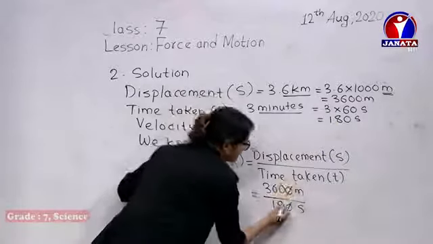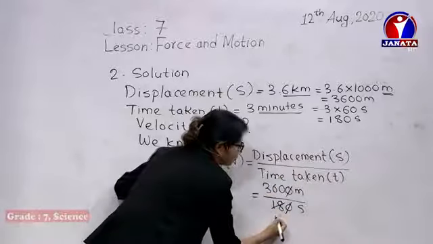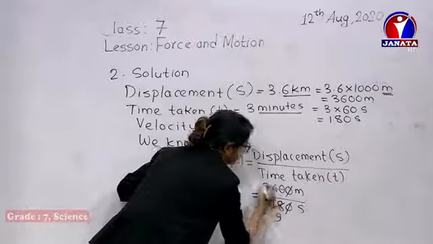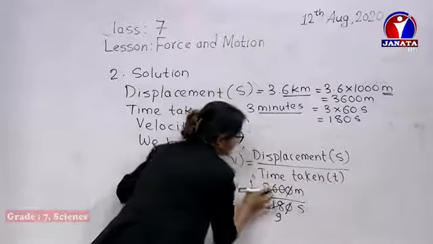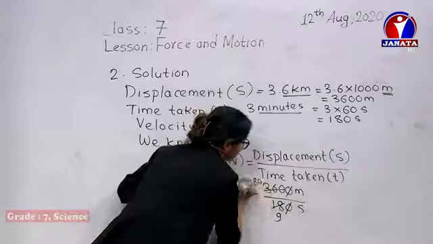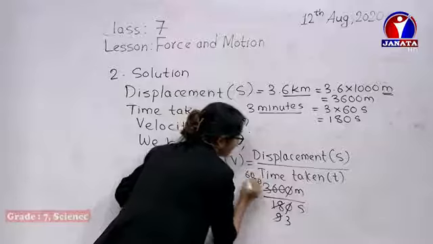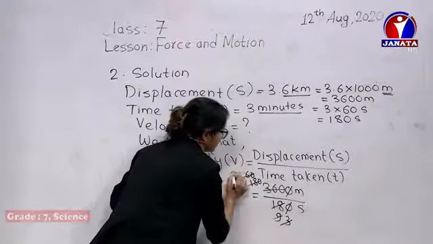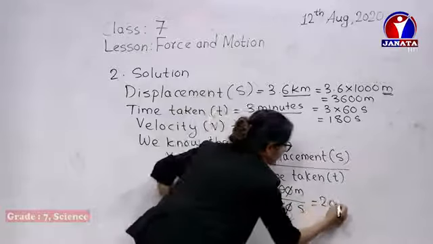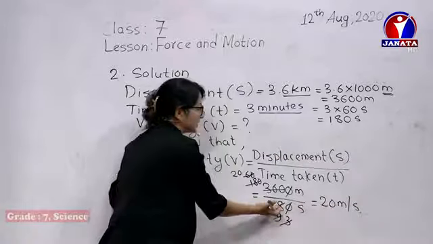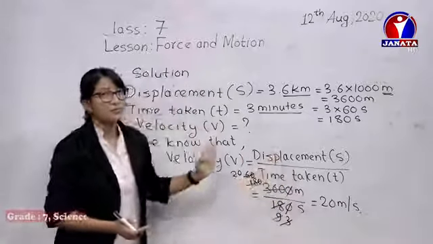0 and 0 cancel. Here we can cut it from the smaller one as well. 2 9s are 18, 2 1s are 2, 2 8s are 16, 0, then 3 3s are 9, 3 6s are 18, 0, and again 3 and 3 cancel, 3 2s are 6, 0. So the final value is 20 meter per second. Or you could simply cut: 18 2s are 36, 0 0 cancel, 20 meter per second.